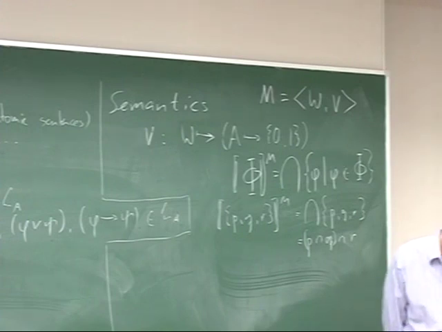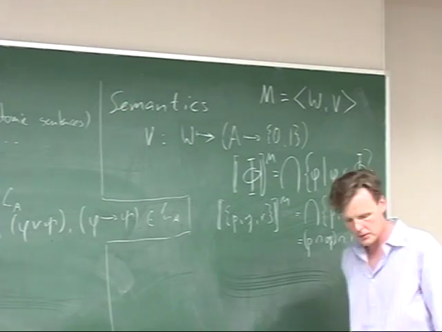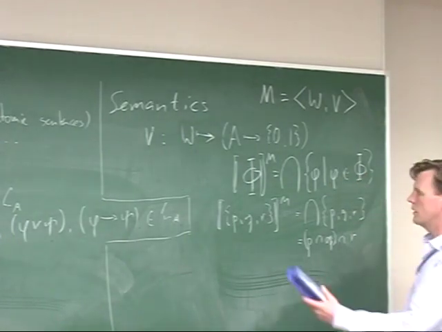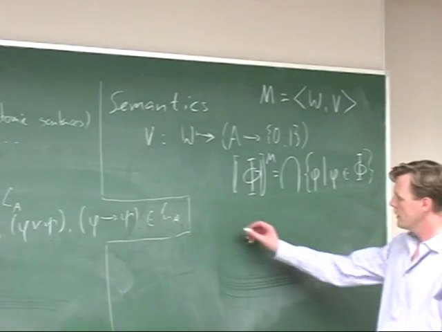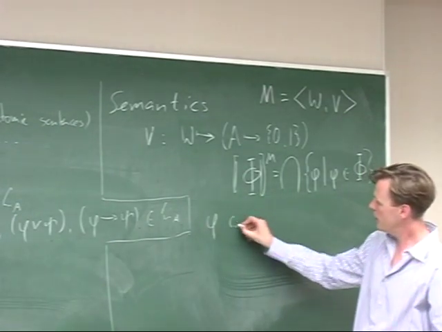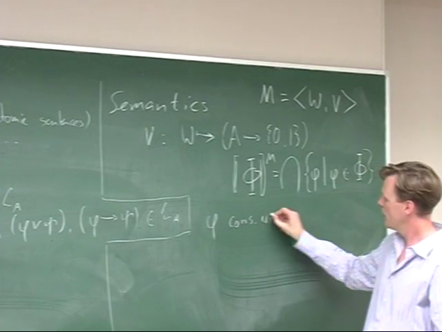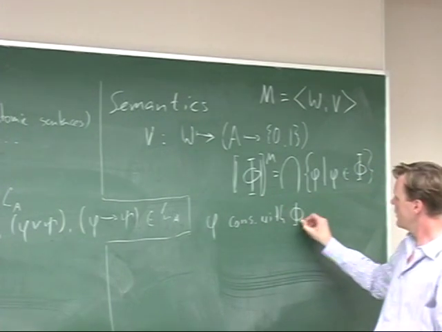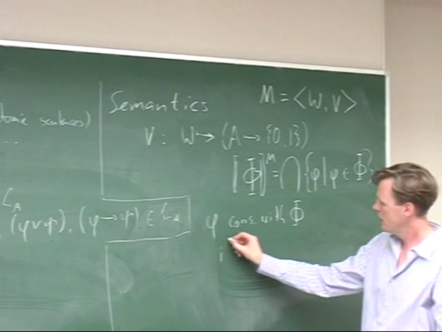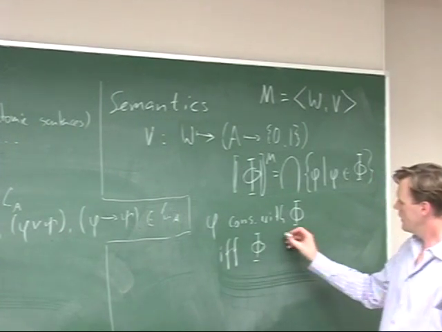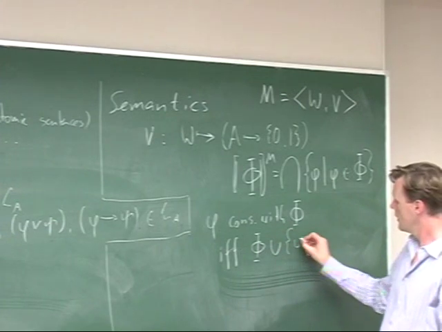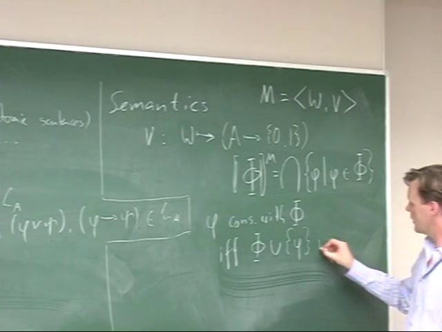We can also say a sentence is consistent with a set of sentences. So we can say that phi is consistent with this set if and only if this is consistent.